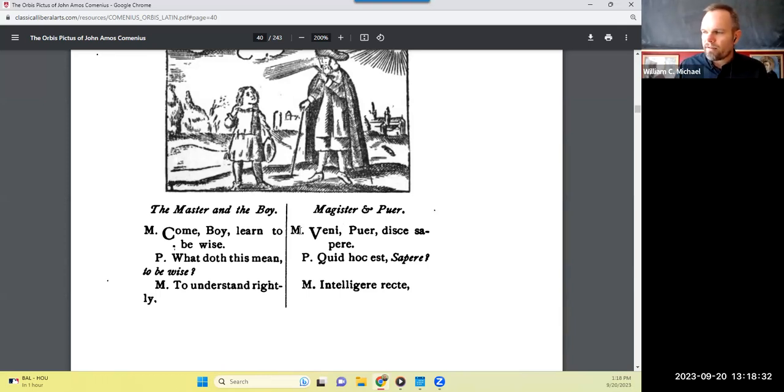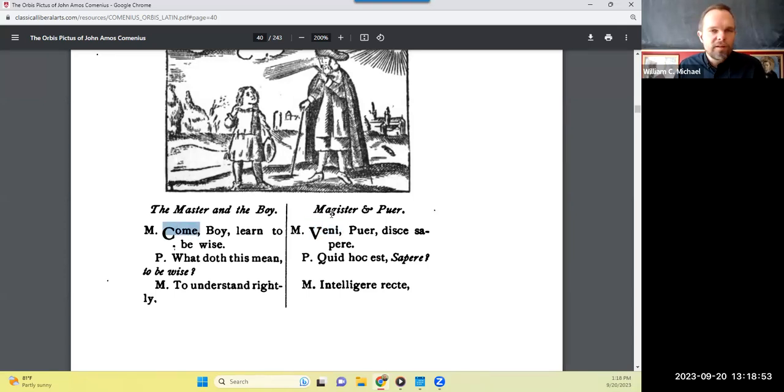So the magister says, veni puer disce sapere. Veni puer disce sapere. And then over here we have the translation. So the first word, veni, is a command. The magister says to the puer, veni. That means come. So come.